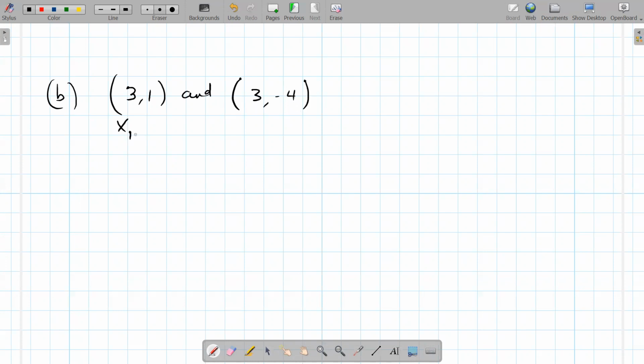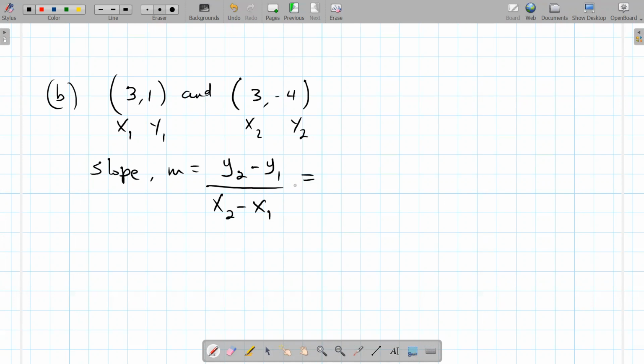Same here, I'm going to do x1, y1, x2, y2, and then the slope is y2 minus y1 over x2 minus x1, and y2 is -4 minus y1 is 1, x2 is 3 minus x1 is 3, so that will give me -5 over 0.